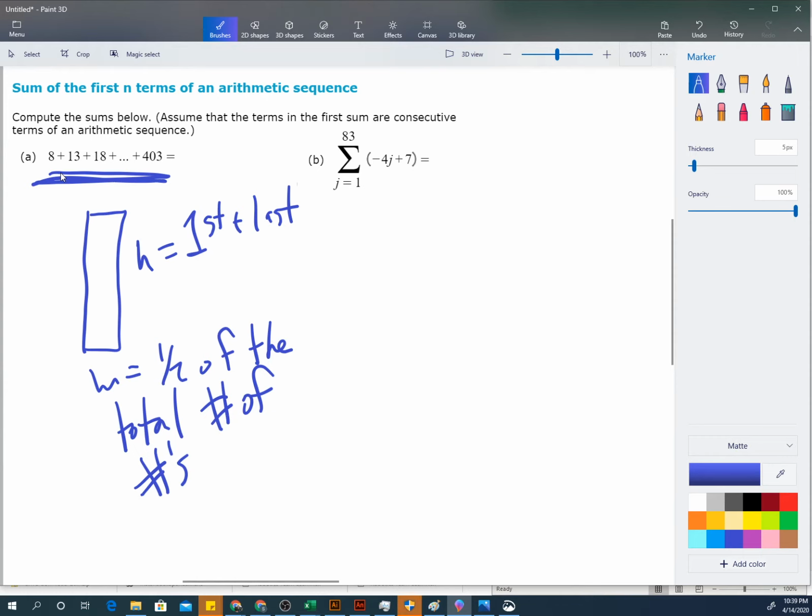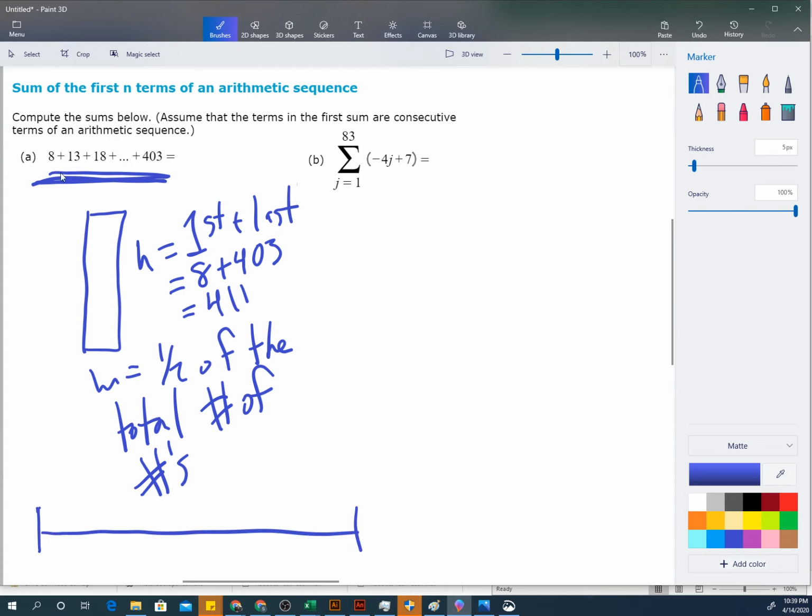So we can see the height pretty easily from here because we know that our first term is 8 and our last term is 403. So we can find that very, very quickly. $411. The width is going to take a little more to figure out.